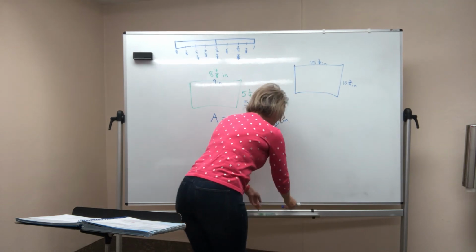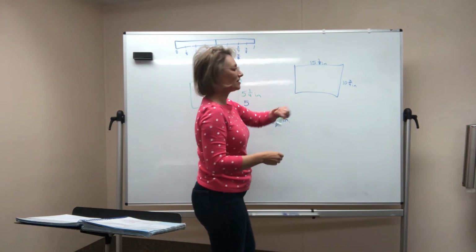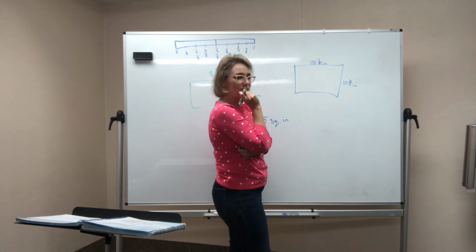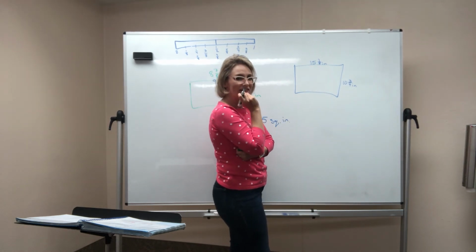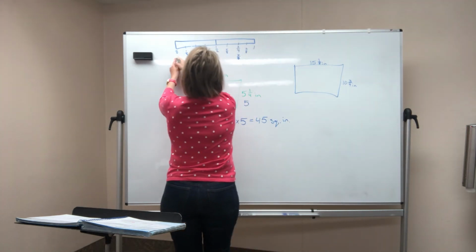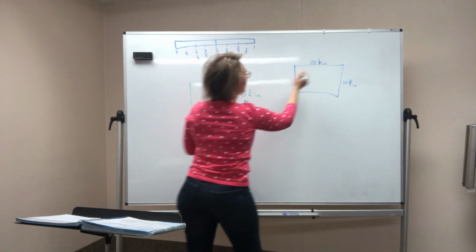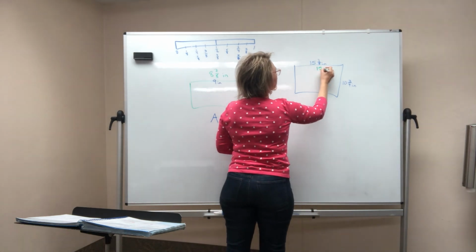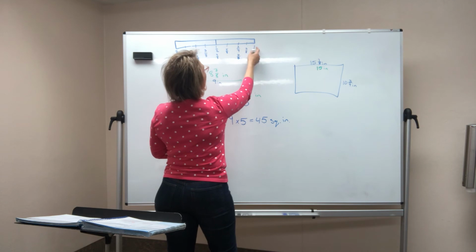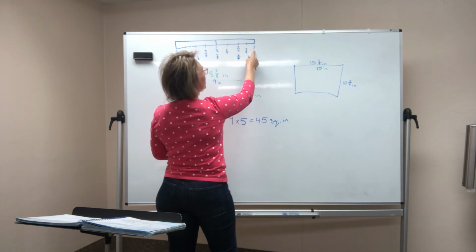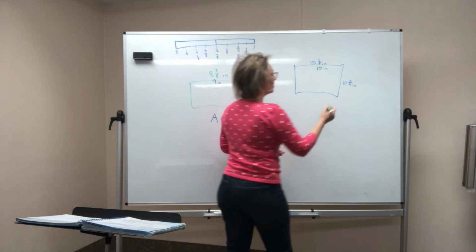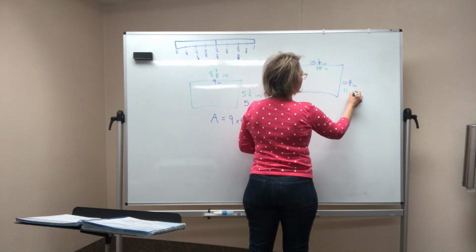Well, I need the perimeter, so I'm going to need the estimated perimeter. Is 15 1/8 closer to 15 or to 16? I'm hoping that you said 15, because remember, 1/8 is way down here by the lower number. So that one would be 15 inches. 10 3/4. 3/4 is way up here by the bigger number. So is that closer to 10 or 11? It's closer to 11. Hoping that's what you figured out.